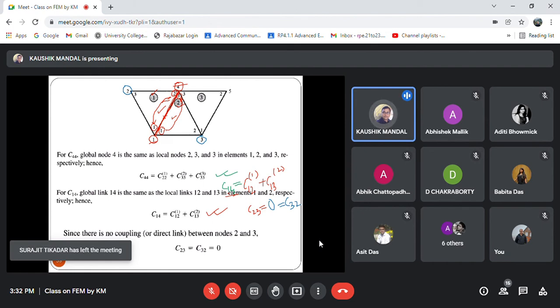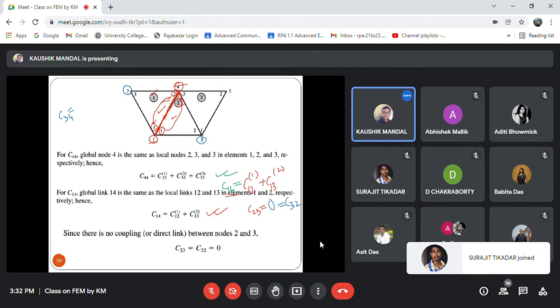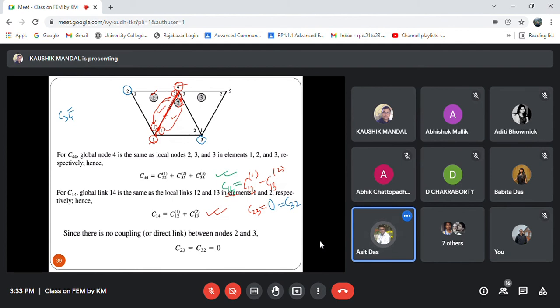For example, if you want to find out C of 3, 4, now you tell me what will be C of 3, 4. C of 2, 3 of 2. C of 1, 3 of 3 plus. Correct.